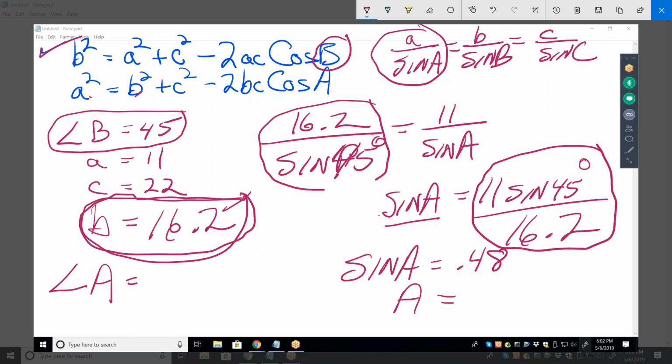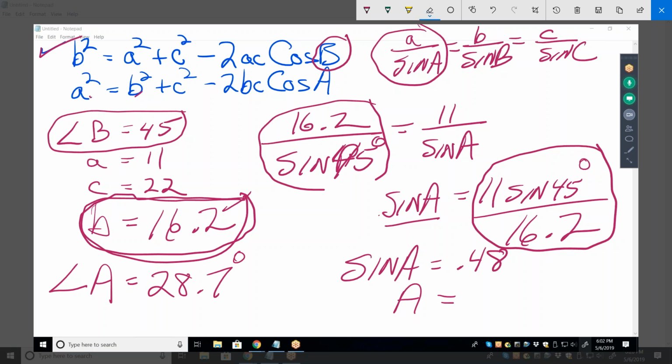Always remember that you take trig functions of angles to get numbers, and you take inverse trig functions of numbers to get angles. So when you're solving for an angle, you almost certainly are going to have to use the inverse trig function. Okay, I got 28.7 degrees.